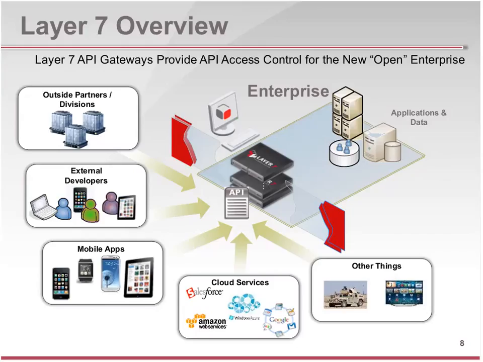The gateways or application firewall type technologies that Layer 7 brings to bear in this new era are concentrating on APIs as the new term for what in the past was referred to as web services.